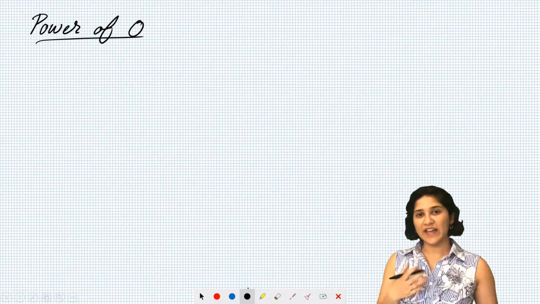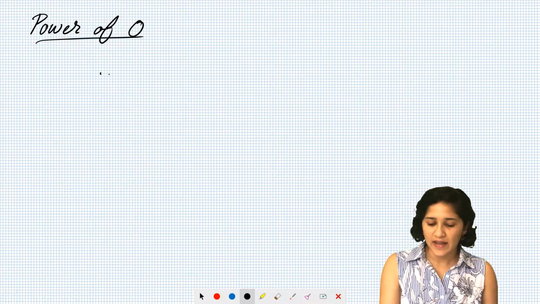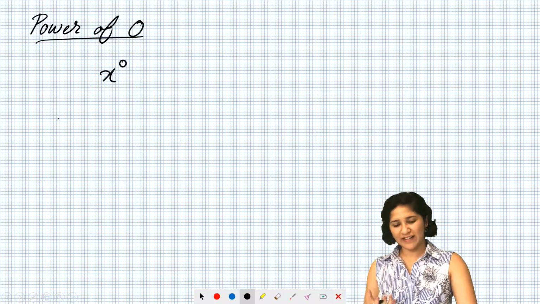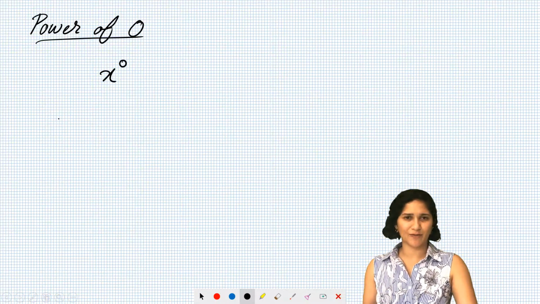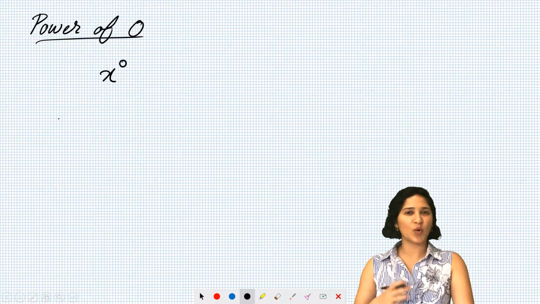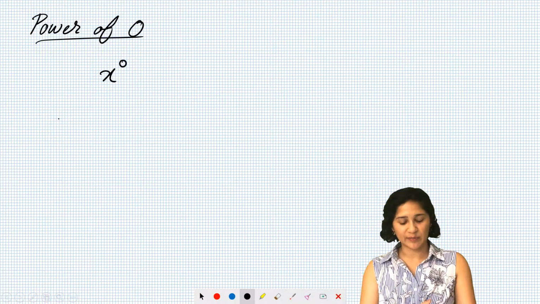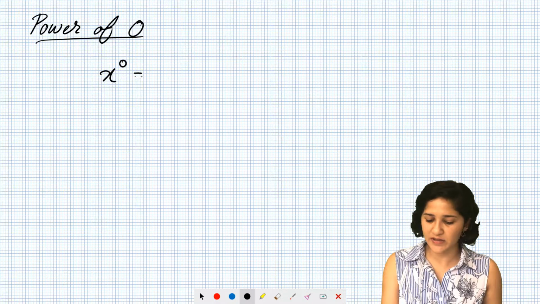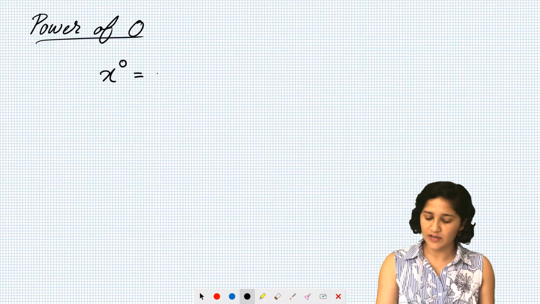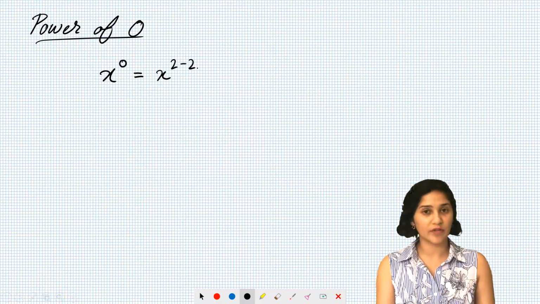So the final thing is the power of 0. So how do we make sense of x to the power of 0? Well, we can't really say x times itself 0 times. That doesn't really make sense. But what we can think about is what other index law might give us x to the power of 0. So if we remember the division law, well, we know that the 0 may have come from something like x to the 2 minus 2, right?